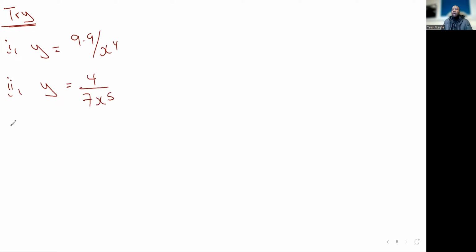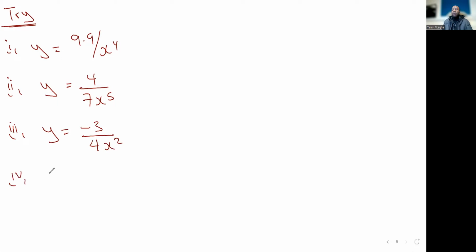So try with your friend. Let's say we have something like y is equal to 9.9 divided by x raised to the power 4. Let's say we have y is equal to 4 over 7 x raised to the power 5. Let's assume we have y is equal to minus 3 over 4 x squared.